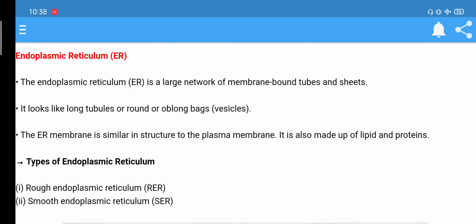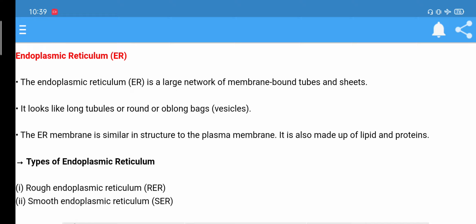The endoplasmic reticulum membrane is similar to the plasma membrane, because just as the plasma membrane separates the cellular cytoplasm from the outside, the membrane of the endoplasmic reticulum separates its inner content from the cellular cytoplasm. That is the similarity between the two.